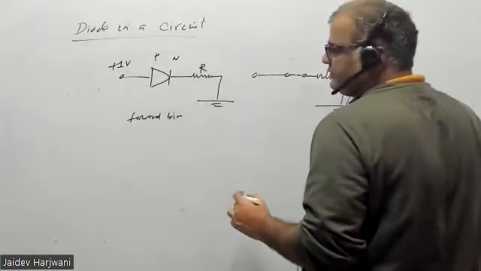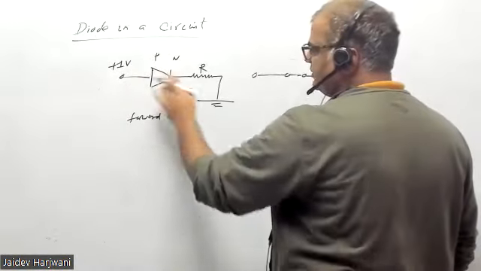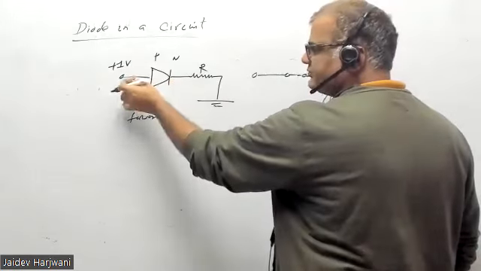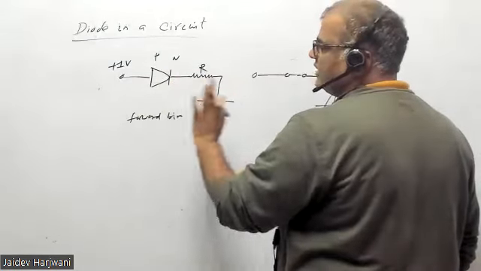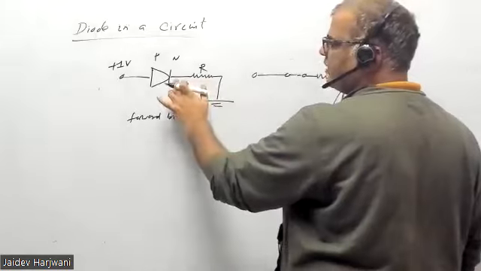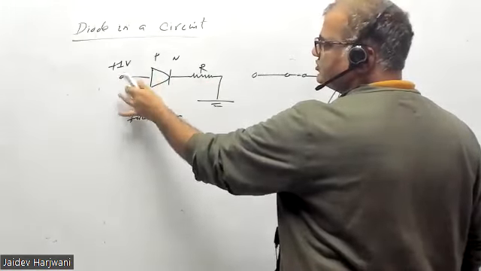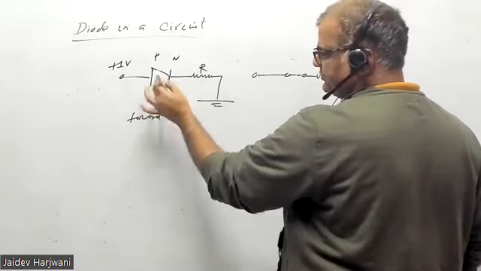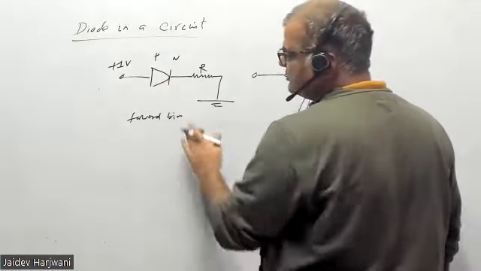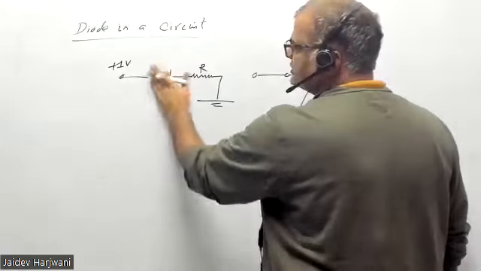When this is forward bias, then only current can flow. If there is no current in the beginning, this point and this point are the same. So this is higher potential, so this is forward bias. Whether it is forward bias or reverse bias, how can you assume? You just make it an open circuit.